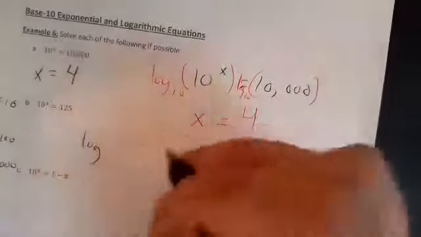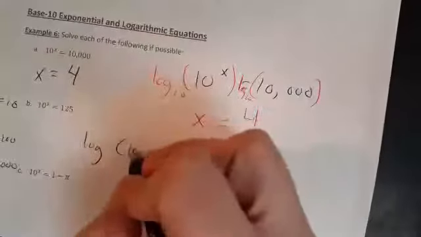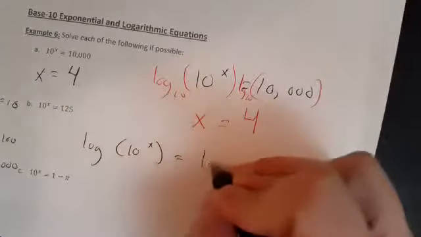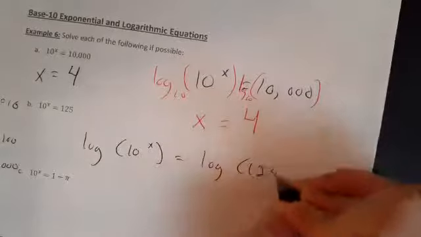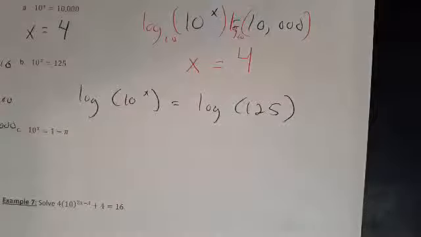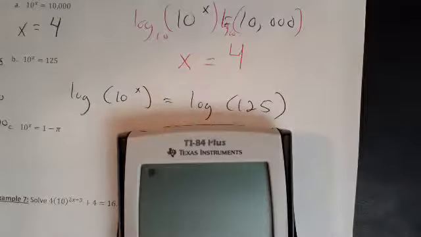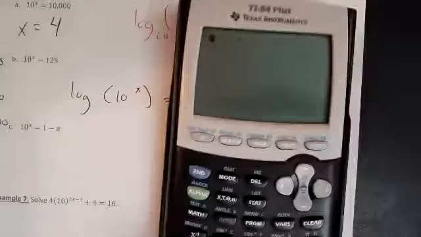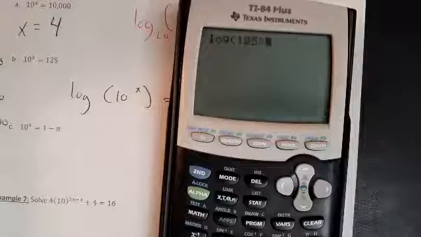So in order to do this, I have to take a log of that 10 to the x, and I also have to take a log of 125. And so you might have figured this is not going to give you an even number. You probably want to start using your calculator at this point, because I don't know a whole lot of other ways you're going to find that.